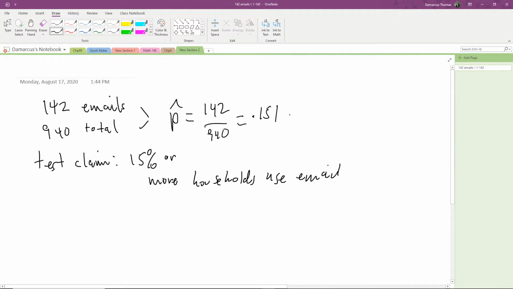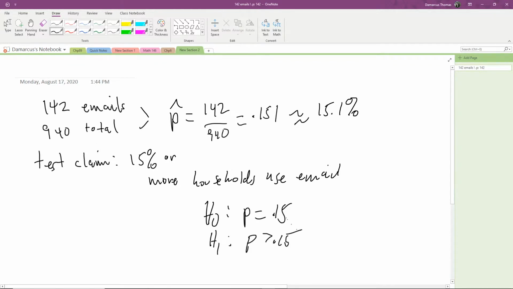We're getting approximately 15.1% out of this sample, and we only sampled 940. So let's conduct a hypothesis test. Our null will be that it's equal to 15%. The alternative is the one that we're going to test, though. Is it greater than 15%?